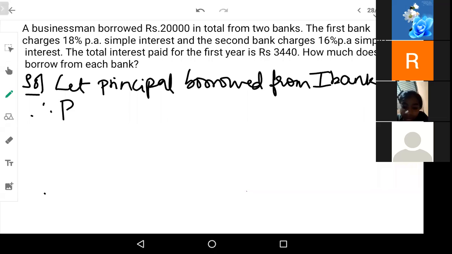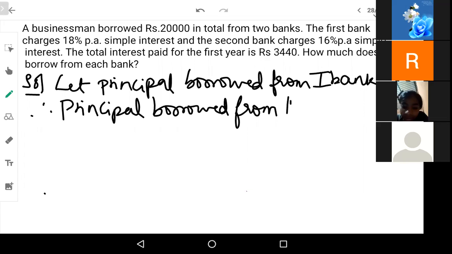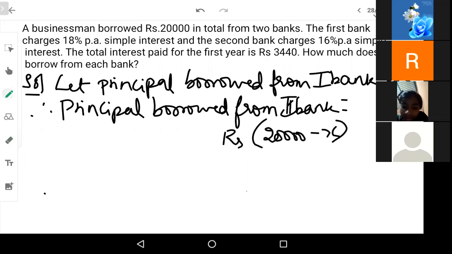Therefore, the principal borrowed from the second bank will be rupees 20,000 minus X. Why 20,000 minus X? If you see here, the total amount is 20,000.